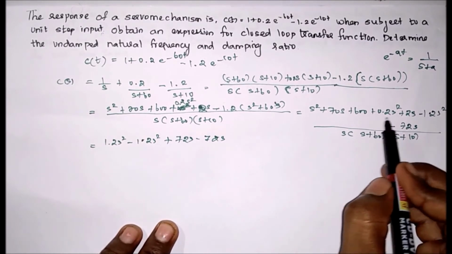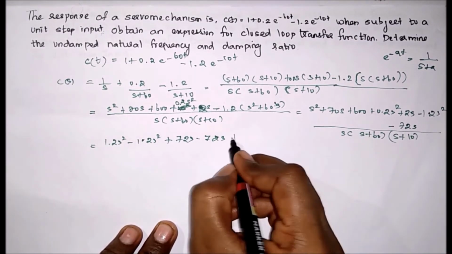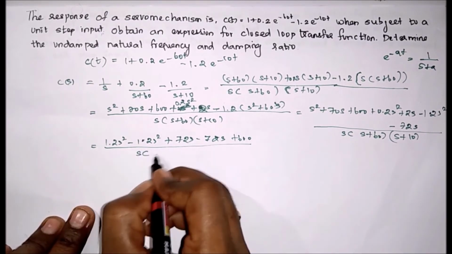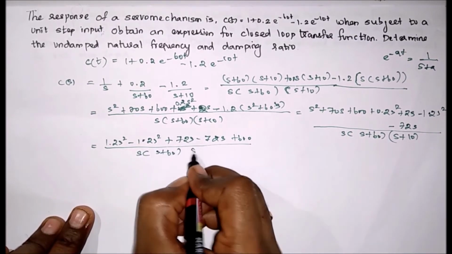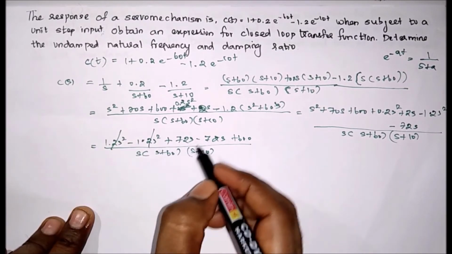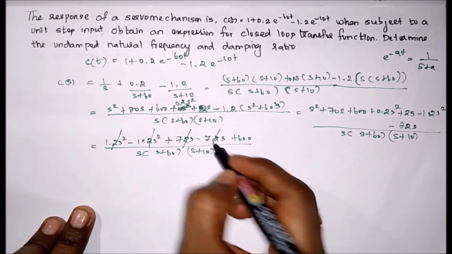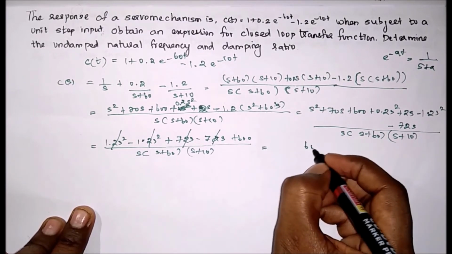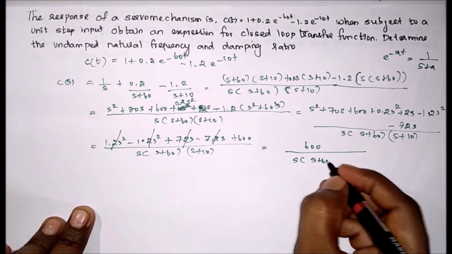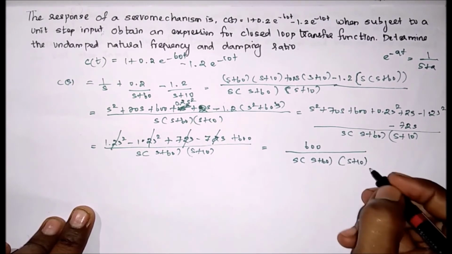Then remaining only one term, 600, divided by s into s plus 60 into s plus 10. So 1.2 s square minus 1.2 s square, 72s minus 72s cancel. Finally, we will have 600 divided by s into s plus 60 into s plus 10.